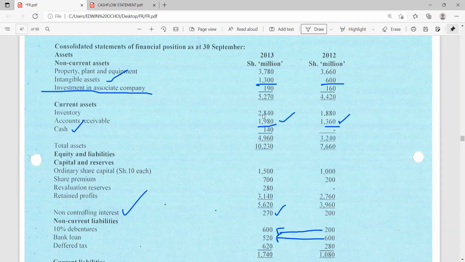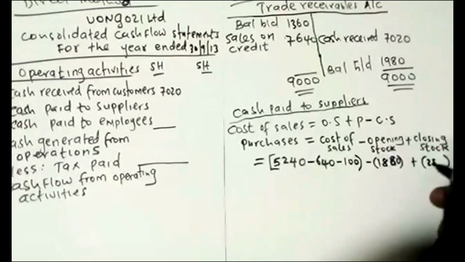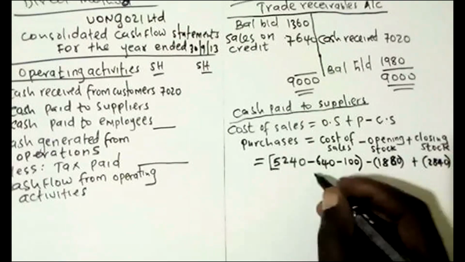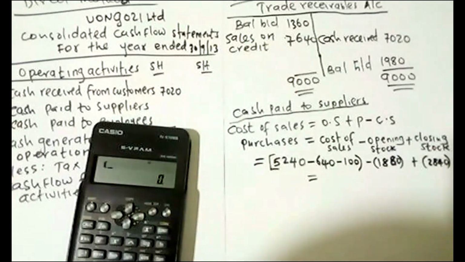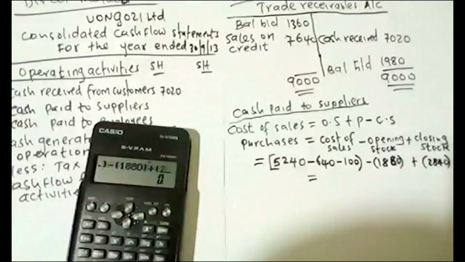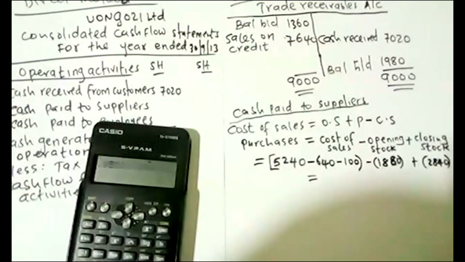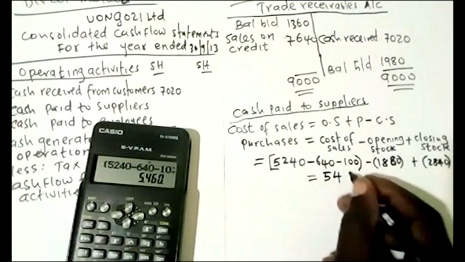Inventory as at 2013, 2840. So what are you getting here? So we have 5460.